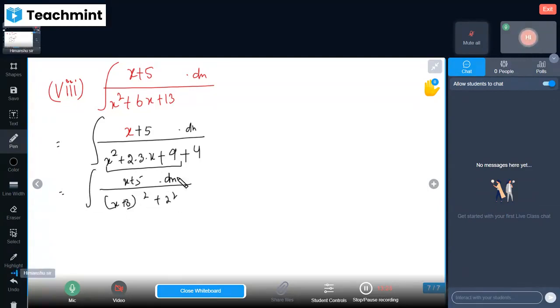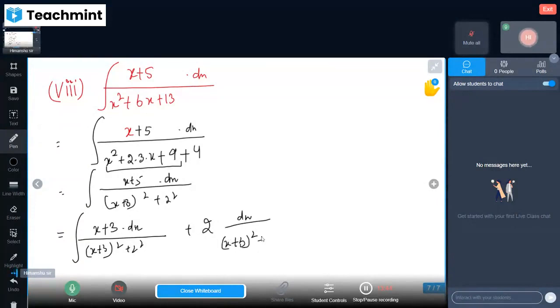Everything is fine, but here an extra 2 is there. So x plus 3 upon (x plus 3) square plus 2 square is one term, and the other term is 2 dx upon (x plus 3) square plus 2 square.